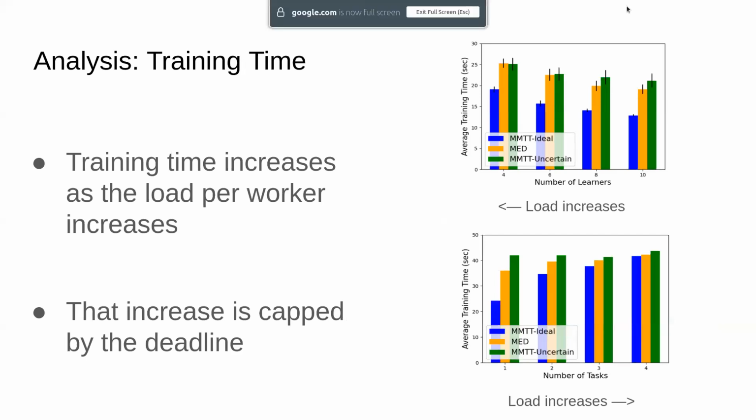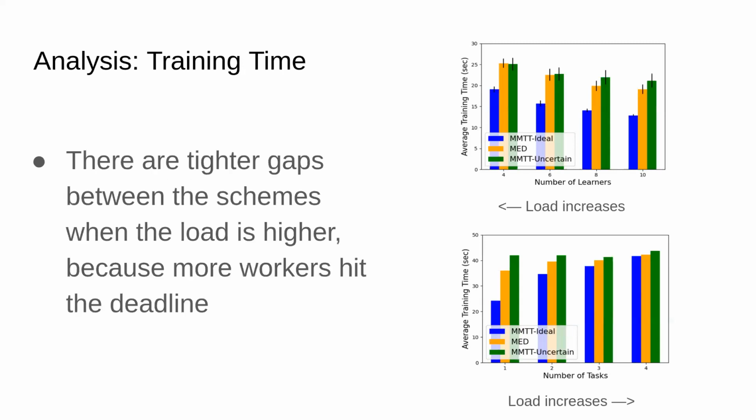Now, an analysis of the training time figures is that the training time increases as the load per worker increases, but that increase is capped by the deadline. And so there are tighter gaps when the load is higher because more workers hit the deadline. Better scheduling routines only show better training time in low load circumstances where not very many workers hit the deadline and training jobs can actually be reduced by better data allocation.